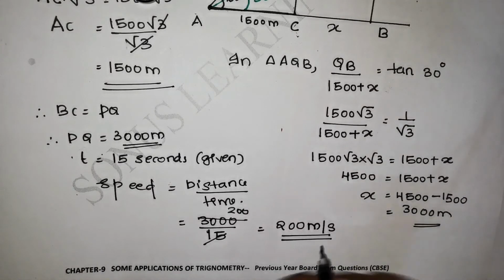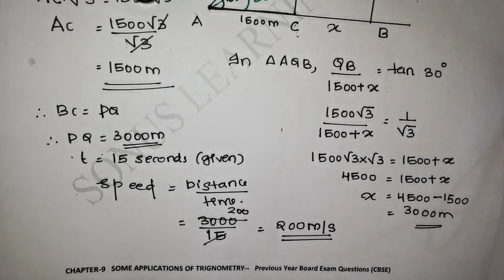In the question it is asked to find the speed in kilometer per hour. So how to change meter per second to kilometer per hour, students? There is an easy trick for that.